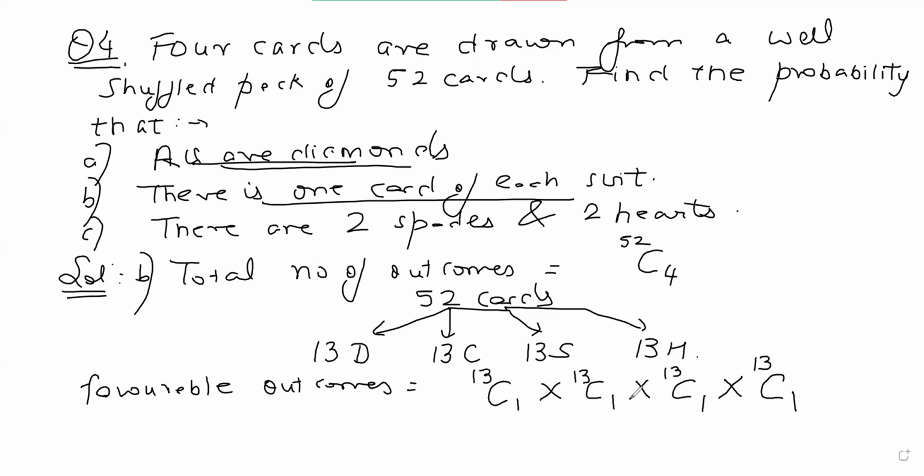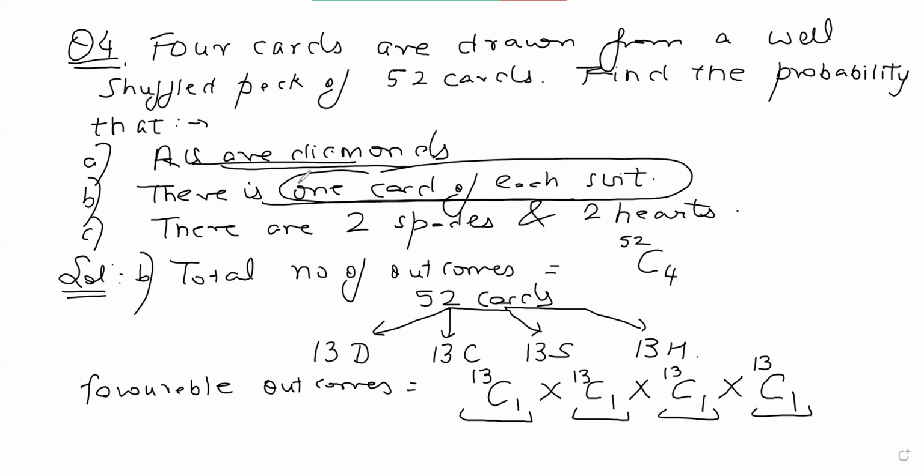So my favorable outcomes are 13C1 times 13C1 times 13C1 times 13C1, because you want one card of each suit and there are 4 suits: diamonds, clubs, spades, and hearts.